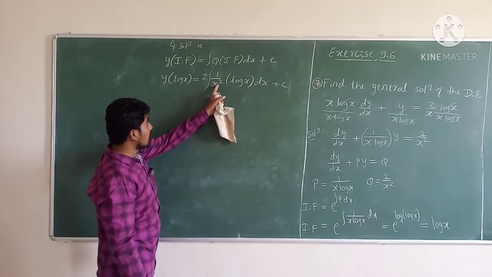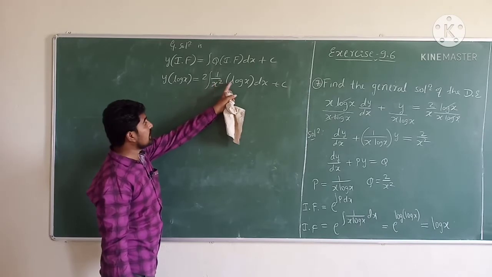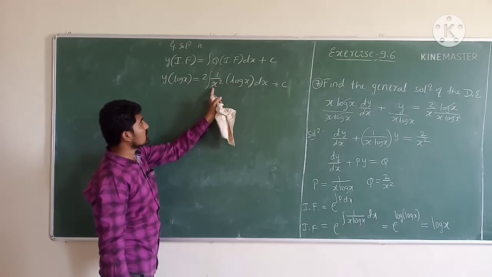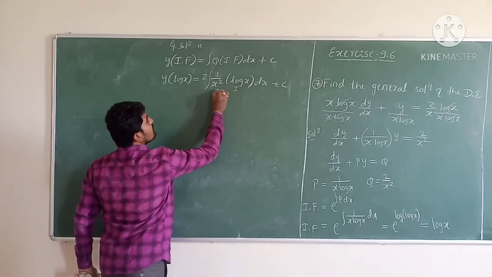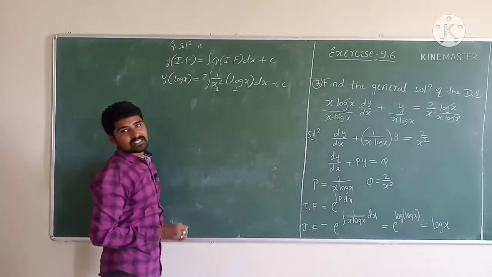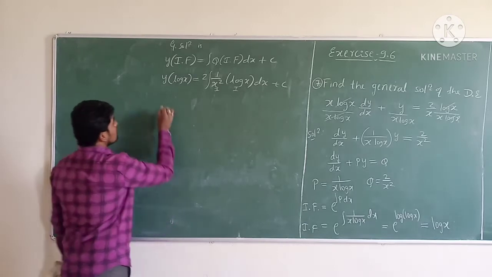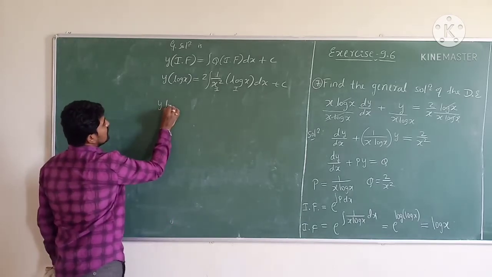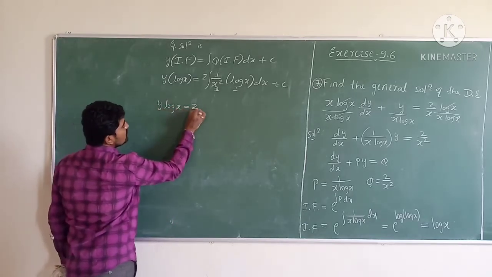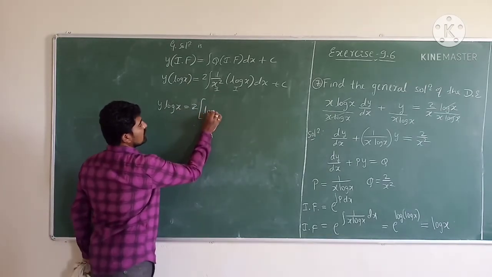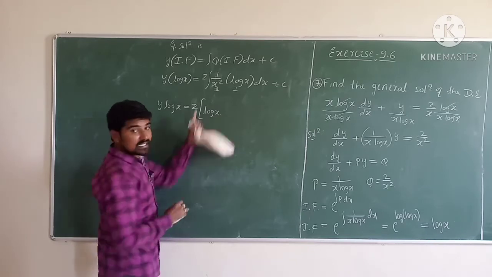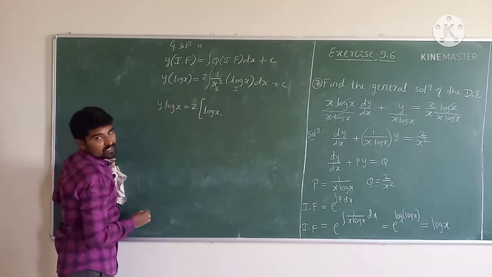Now 1 by x square into log x is an algebraic function times a logarithmic function, so log x is the first function and 1 by x square is the second function. So y into log x is equal to 2 into first function log x as it is, integration of second function 1 by x square.